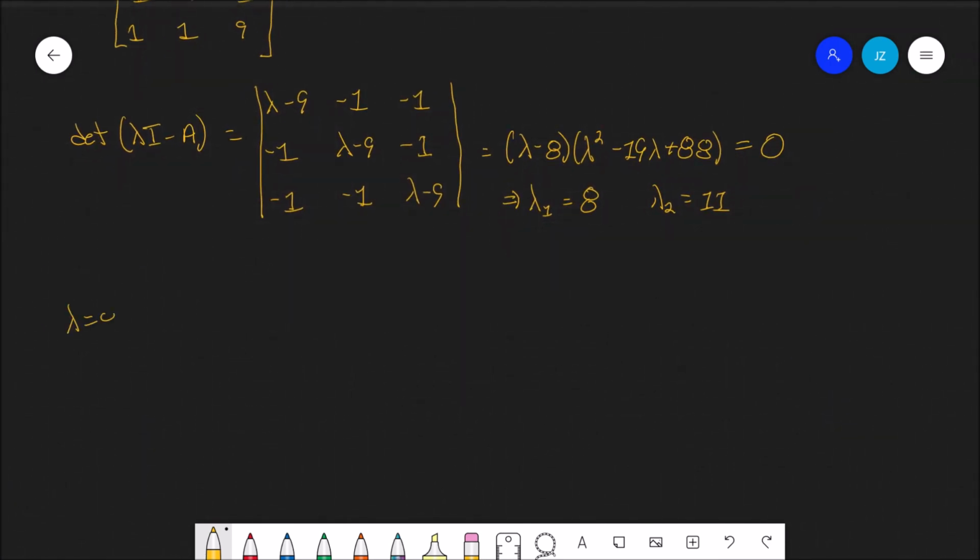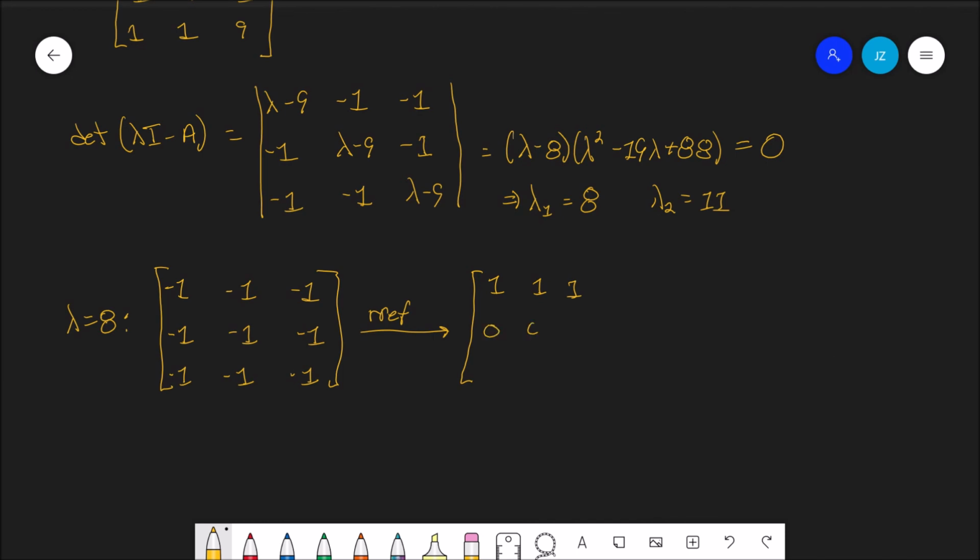For lambda equal to 8, we'll get the 3 by 3 where every entry is negative 1, which will row reduce to 1, 1, 1, and then 2 zero rows, which says that x1 is equal to negative x2 minus x3.